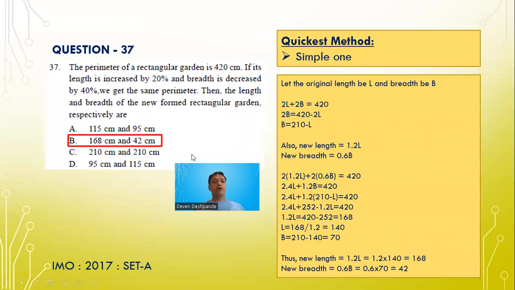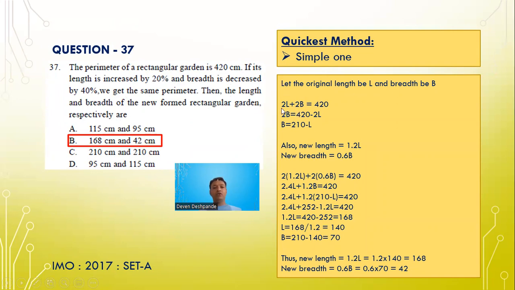And now question 37. The perimeter of a rectangular garden is 420 centimeter. If its length is increased by 20% and breadth is decreased by 40%, we get the same perimeter. Then the length and breadth of the newly formed rectangular garden respectively are. Okay, again, start solving.